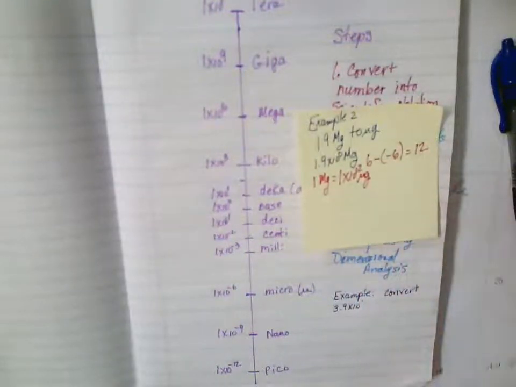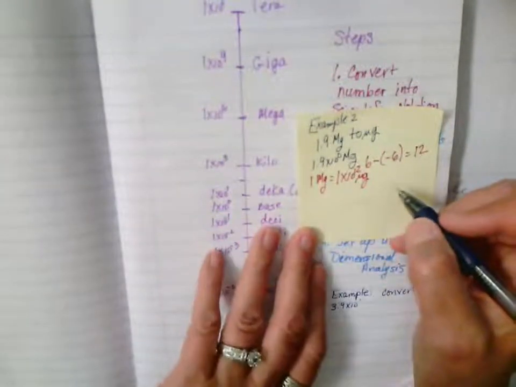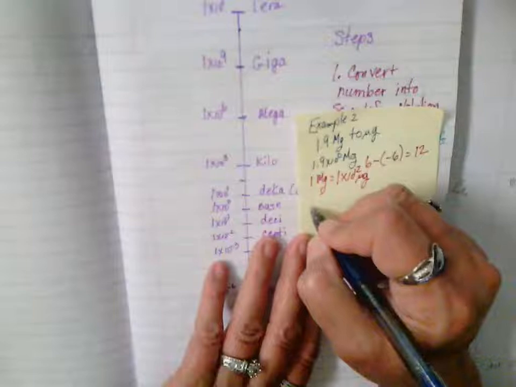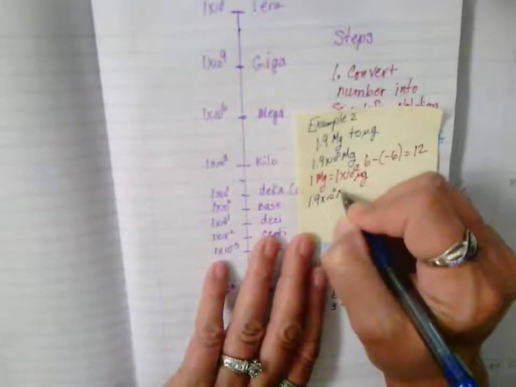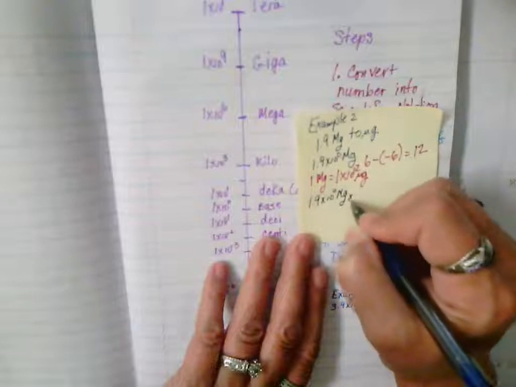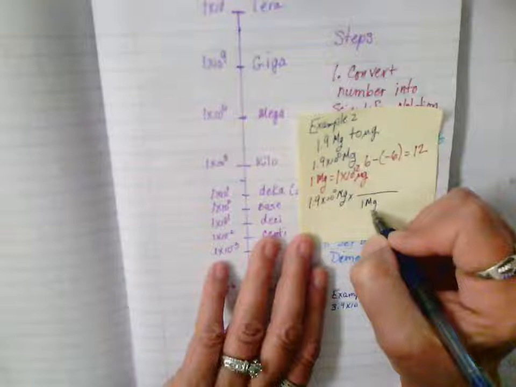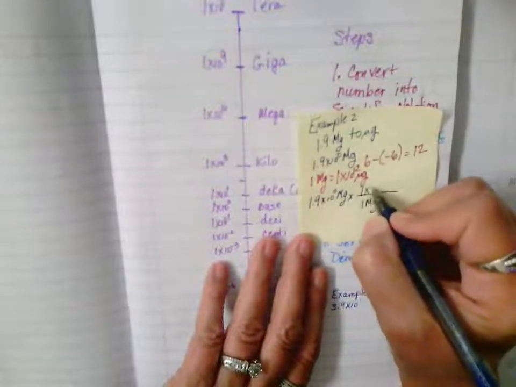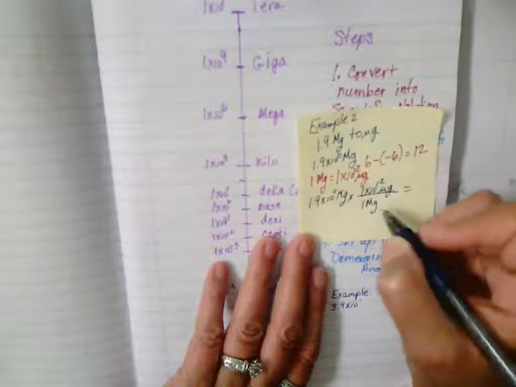So now to set up my problem using dimensional analysis, I'm going to start with 1.9 times 10 to the 0 megagrams times, I need 1 megagram here for 1 times 10 to the 12th micrograms.